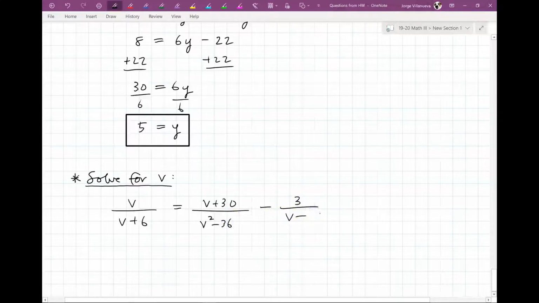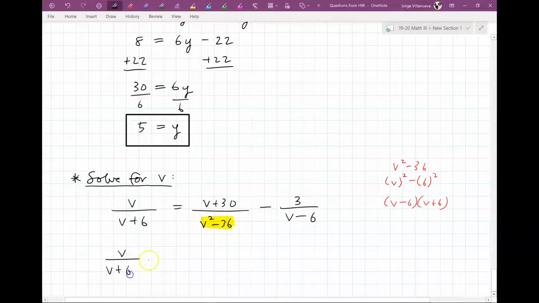Now, I want you guys to notice again that there is something that I can factor on the bottom. If you can factor something, do it. So this is a difference of two squares. So V squared minus 36 is the same as V squared minus 6 squared, which would be V minus 6, V plus 6.